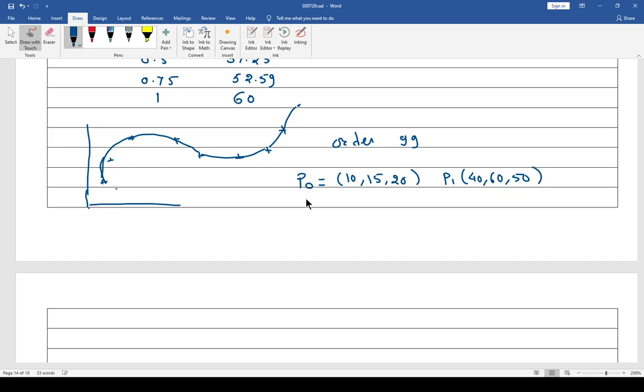But now I have also given a third point p2, whose coordinate is 70, 90, 60. Okay, and I have a tangent vector p0 dash, which is 1 1 1, as already we have taken the same thing, and I have a p2 dash vector which is 2 3 4. Let's take this. Okay, no issue, no problem.